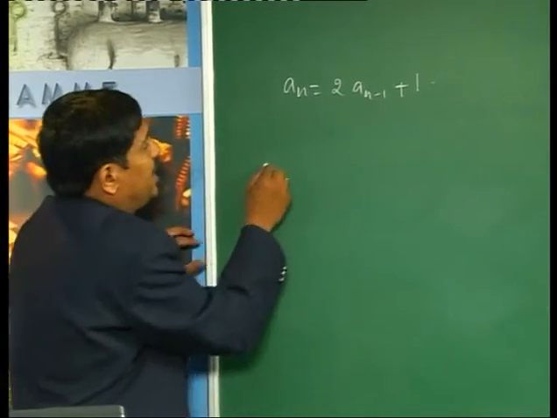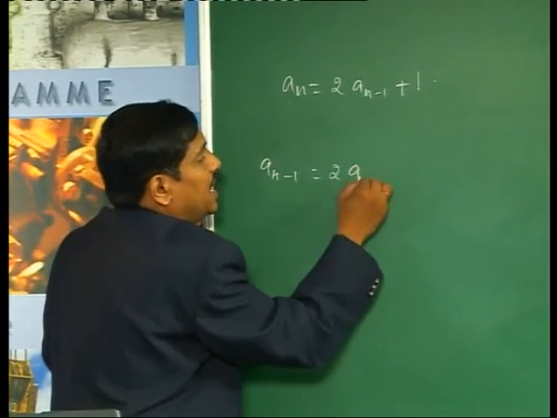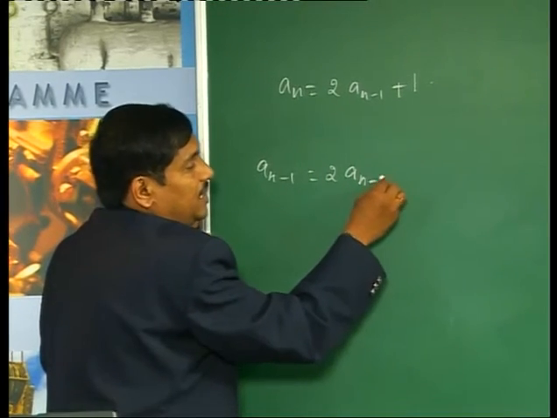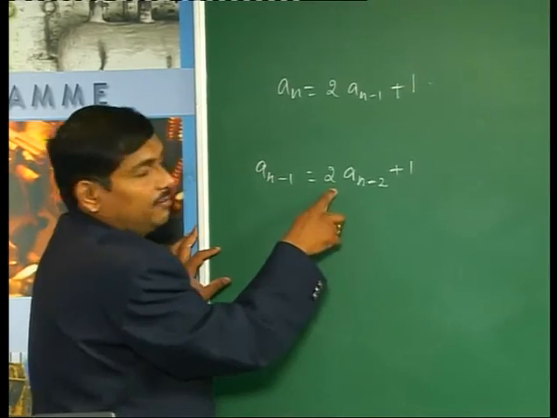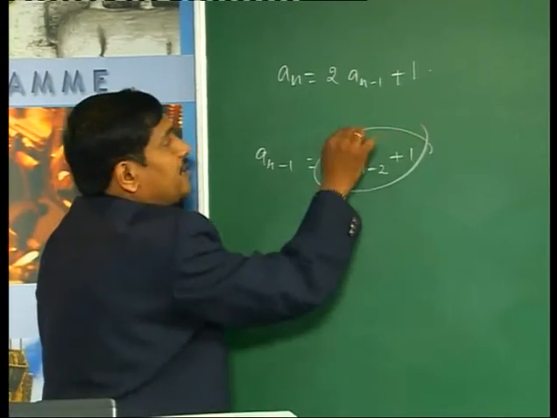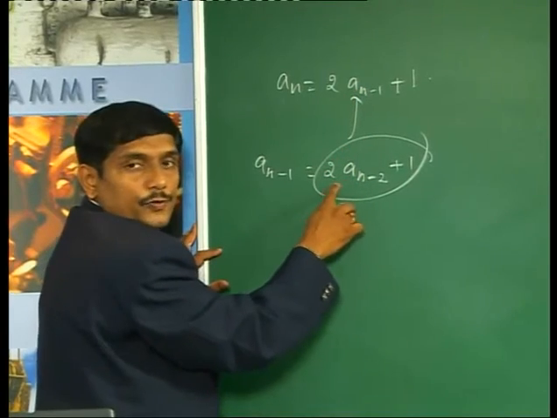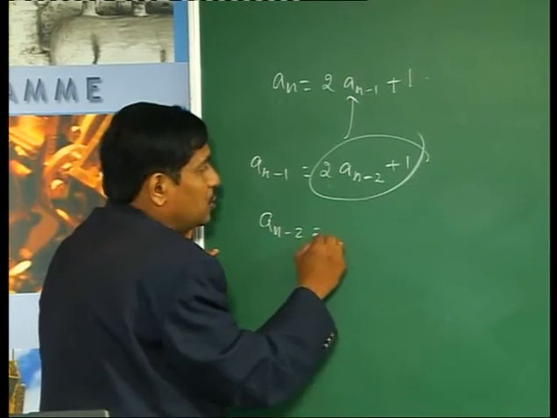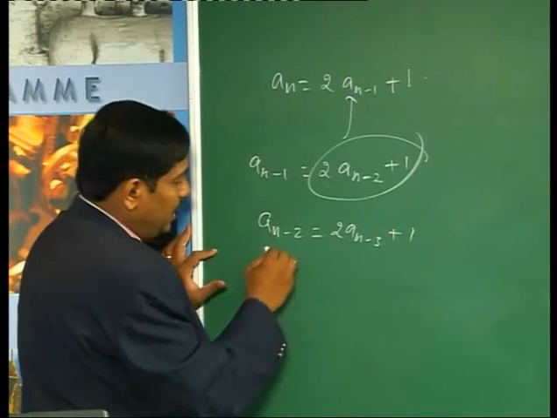What about a_{n−1} here? a_{n−1} is 2 times a_{n−2} plus 1. This one we can substitute here, that is 2 times (2a_{n−2} plus 1) plus 1. Similarly, what about a_{n−2}? 2 times a_{n−3} plus 1.